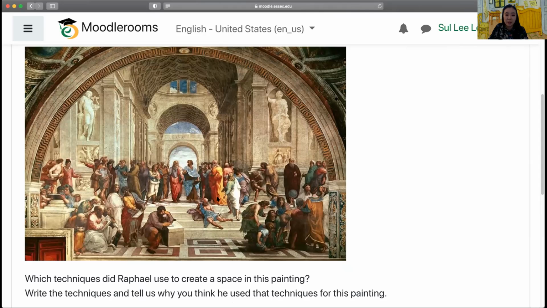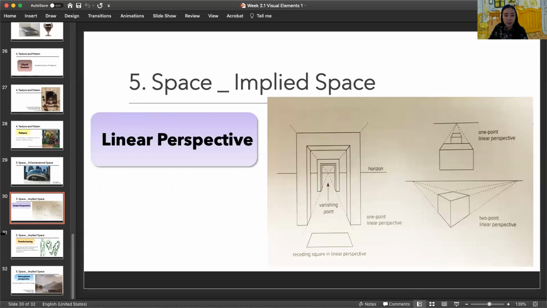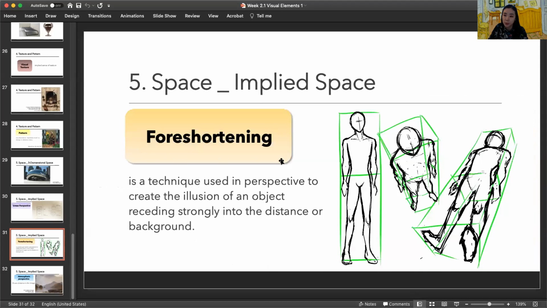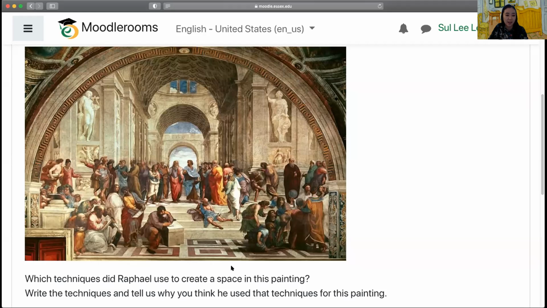So here's a hint. We just learned space, right? We just learned 3 ways to create the implied space on the two-dimensional surface. So the first one was linear perspective, the next one is foreshortening, and the last one is atmospheric perspective. So the answer is one of them. So take a look at the painting again, and please write the answer.